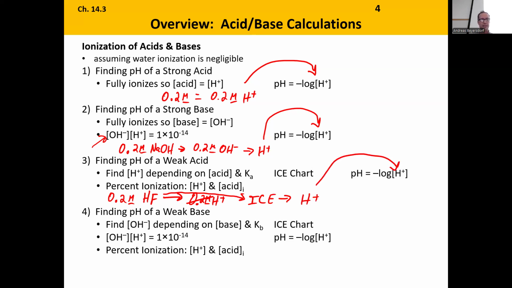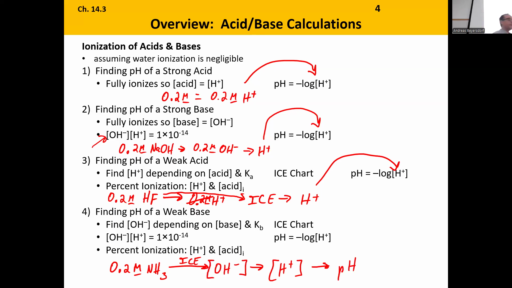For a weak base, let's say we have 0.2 molar NH3, which is ammonia, you use an ice chart to calculate the OH minus. Then you calculate H plus from that, and then calculate pH from that.